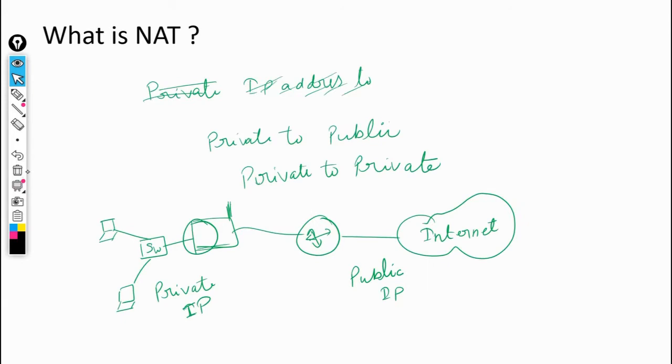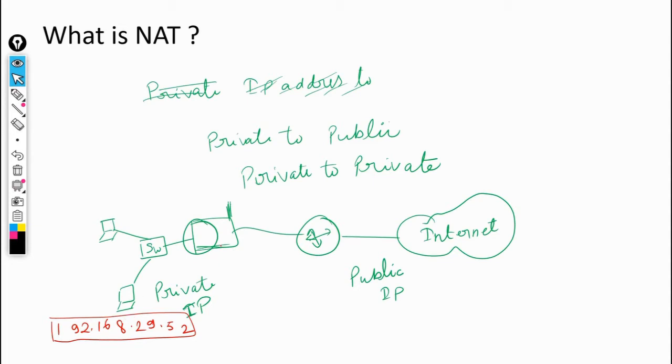Let me explain here. So now, let's say this is our 192.168.29.52, correct? This is my IP address. Now what is going to happen? This is going to my broadband router.